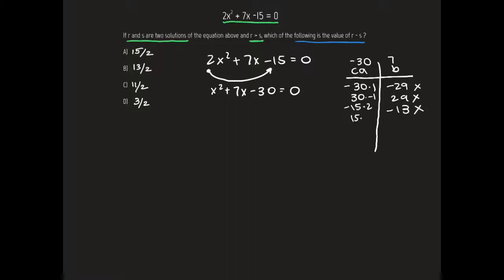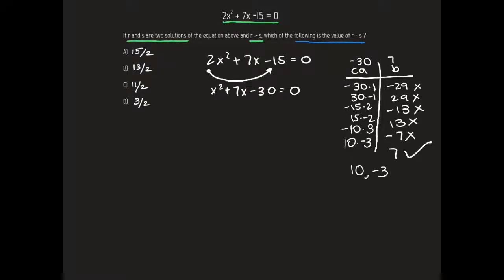We have 15 times negative 2, that's 13, that's wrong. Then we have negative 10 times 3, that'll be negative 7, that's wrong. But now we have 10 times negative 3, and that'll be positive 7, so that is our correct answer. That means our two terms will be 10 and negative 3.